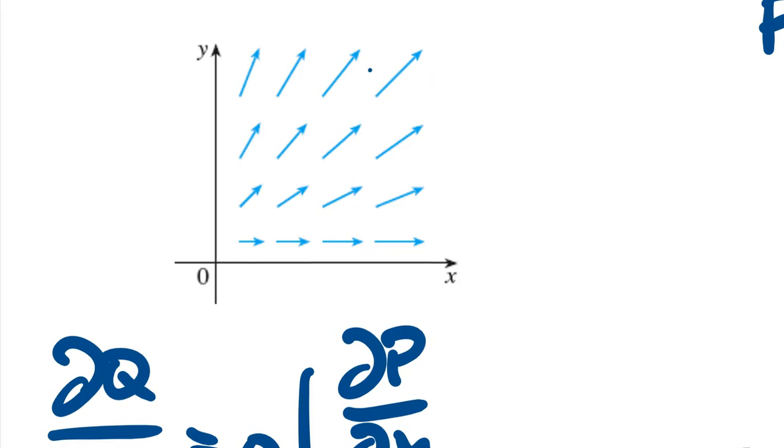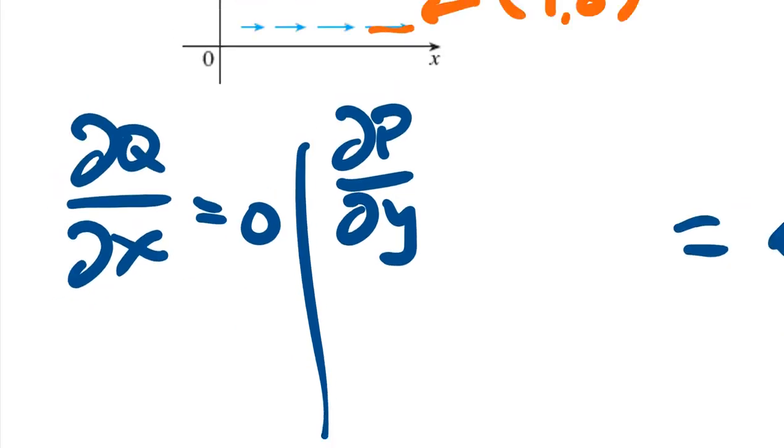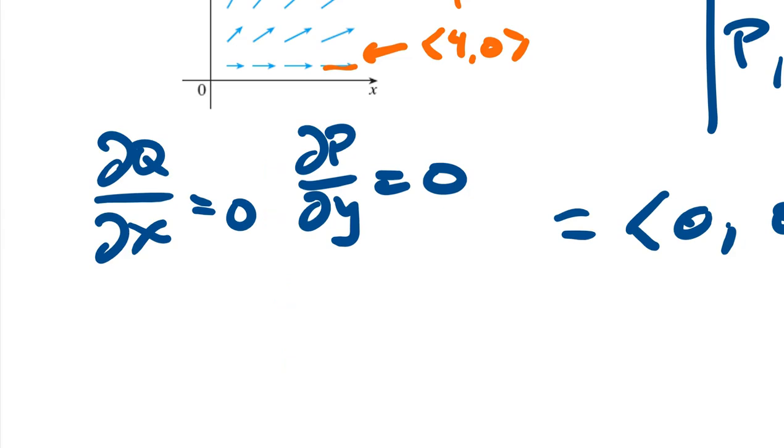If this bottom vector is, say, (4, 0), this top vector's x coordinate isn't any bigger, so it may be (4, 2) or something. The x values don't change, so the partial of P with respect to y is also 0. So the curl of F is equal to 0.